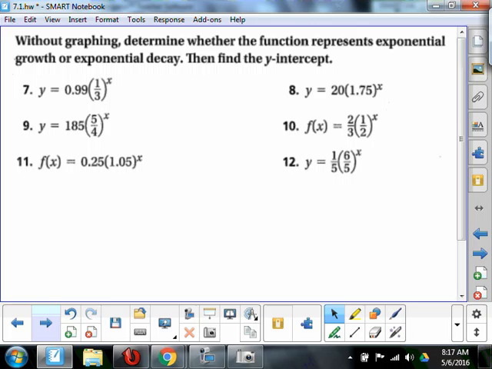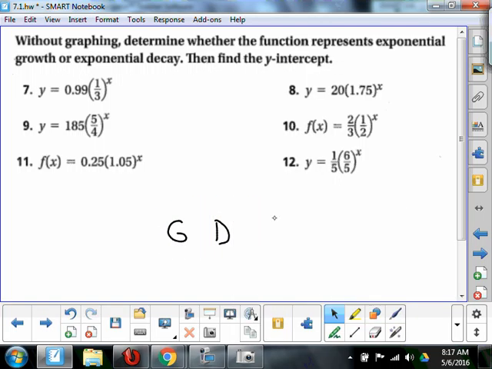Well, this section should go pretty quickly. Without graphing, determine whether this is growth or decay. I'm just going to abbreviate with a G for growth, D for decay.